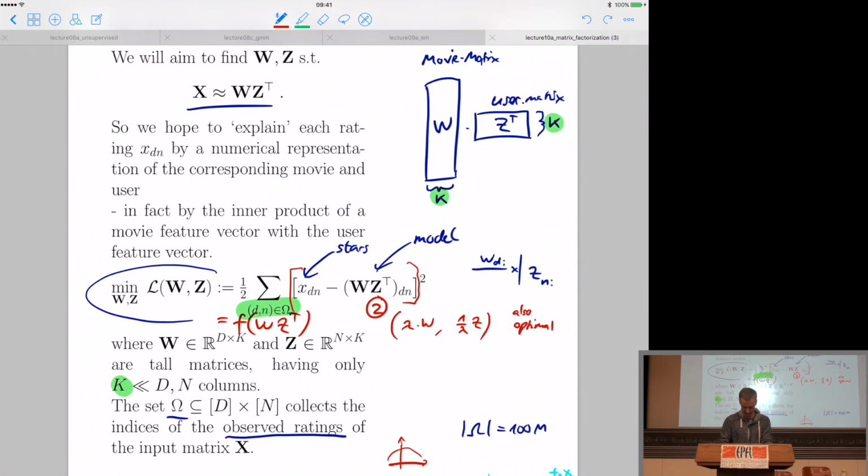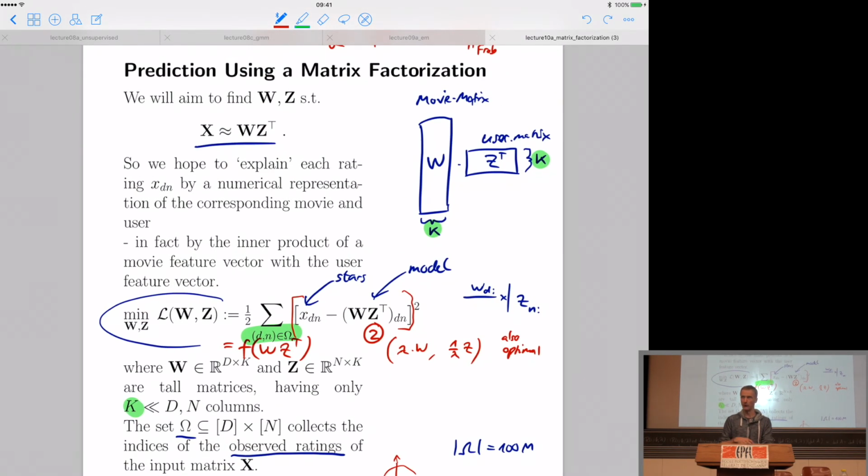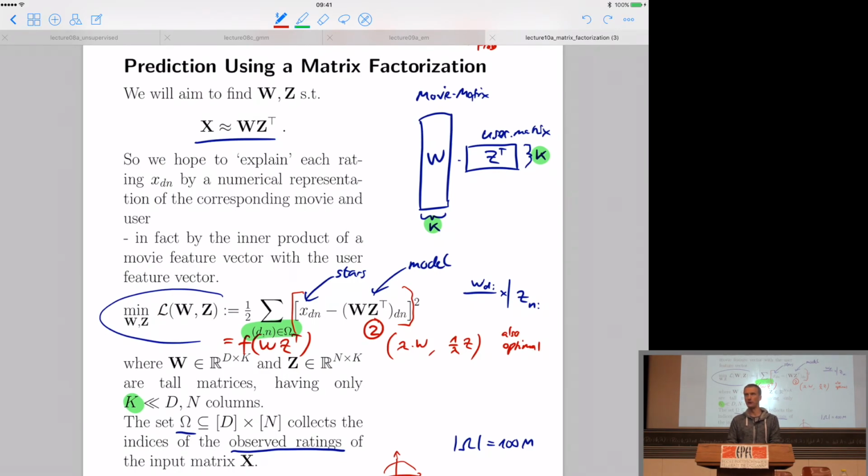So that's the matrix factorization problem. It's also called matrix completion because you're filling out these entries. It has lots of applications. Not only recommender systems, but you could also think of images which have missing patches, and then you could use this to fill in some missing information. And it's also increasingly used in learning representations for other things.